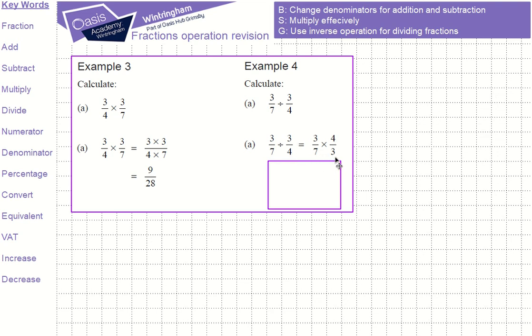And then at this point it becomes a simple multiply, similar to the last question. 3 multiplied by 4 is 12, and 7 multiplied by 3 is 21. This question does simplify. Both of these numbers divide by 3, so 12 divided by 3 is 4, and 21 divided by 3 is 7. Pause the video while you write down these last two examples, and then press play when you're ready to move on.